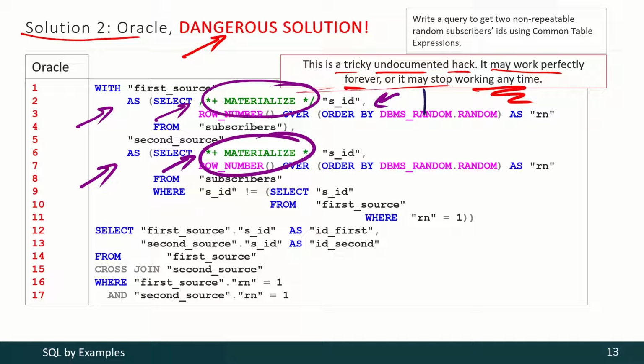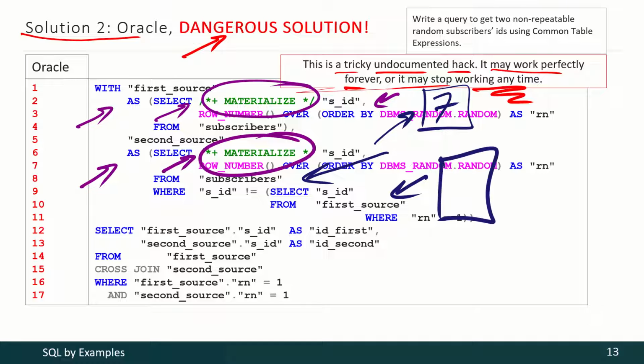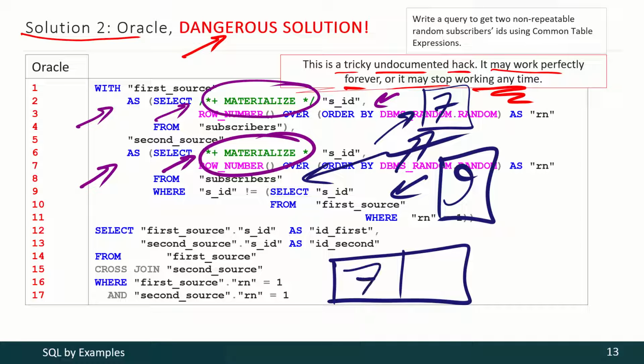And once the first common table expression produces a number, 7 for instance, that 7 will remain in this subquery. That's why the second common table expression will produce any value except that 7. And finally we'll get the correct solution, 7 and 9 for instance. But once again, it's a dangerous approach. You may never rely on any undocumented feature of your DBMS.